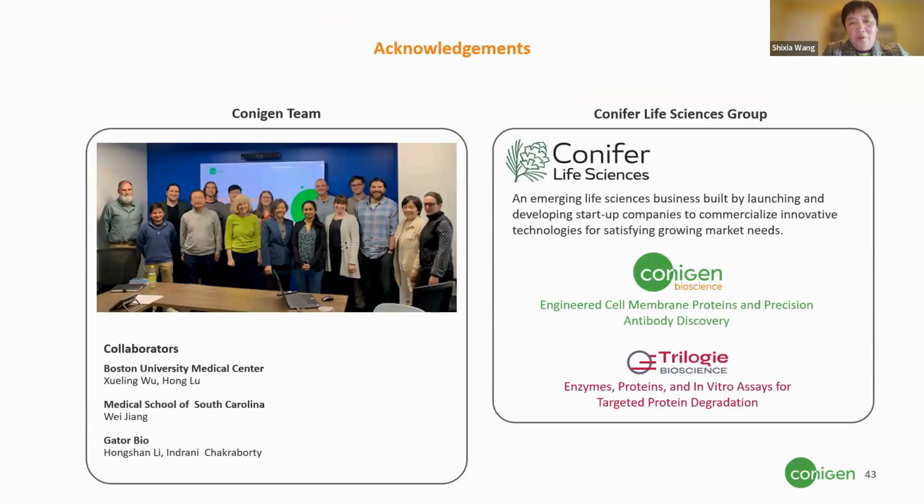They all contribute to the success of Conigen's platform building, product production, and also antibody generation. I also thank the collaborators from Boston University, Medical University of South Carolina, and Gates Bell. The other very important thing is Conigen is one of the companies founded by the Conifer Life Science Group.